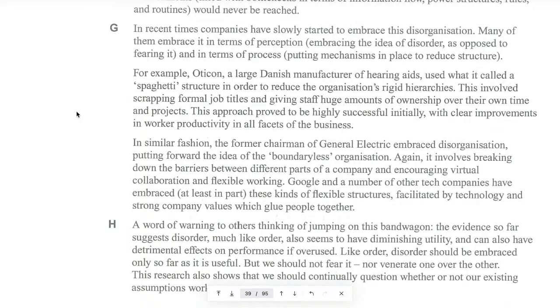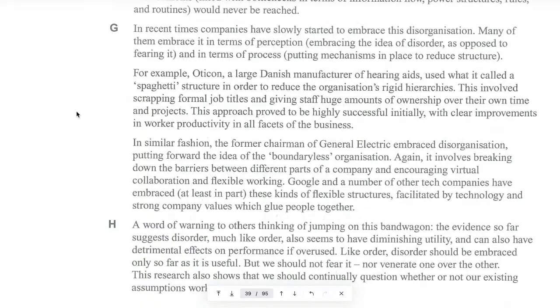Compared to, for example, Oticon, a Danish manufacturer of hearing aids, use what is called a spaghetti structure in order to reduce their organization hierarchies. This involves scrapping job titles and giving staff a huge amount of ownership over their own time and projects.